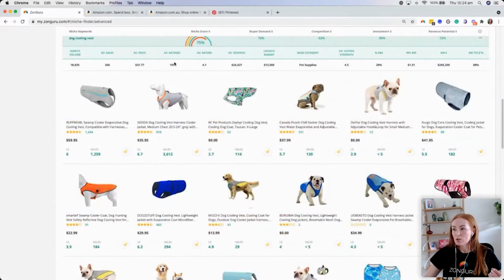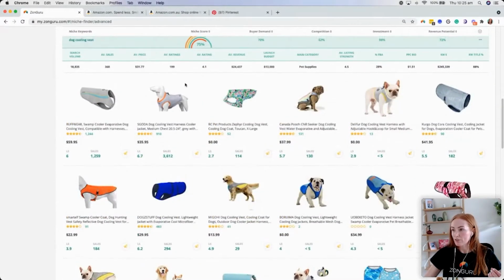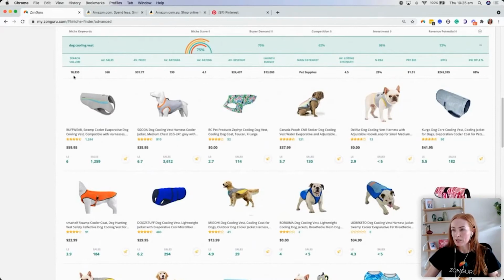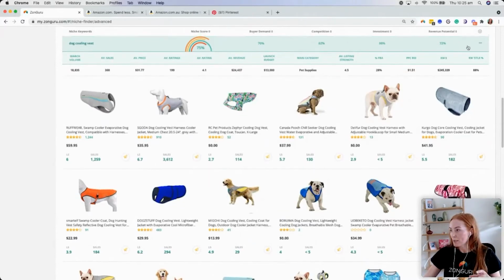Average ratings, super low. That's really low for America. Healthy price point. Look at that search volume. That is massive. That's per month too. All these metrics are per month. There's 18,000 unique individual searches for that phrase alone, which is amazing. And that may be one that I'd want to favorite.